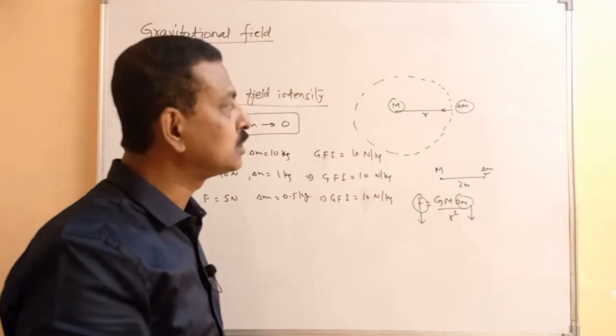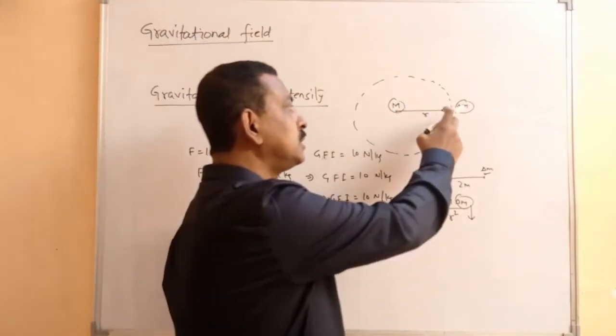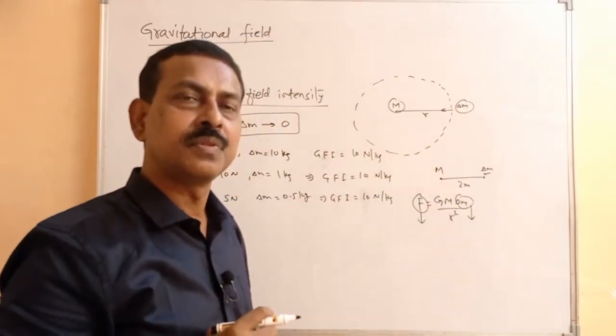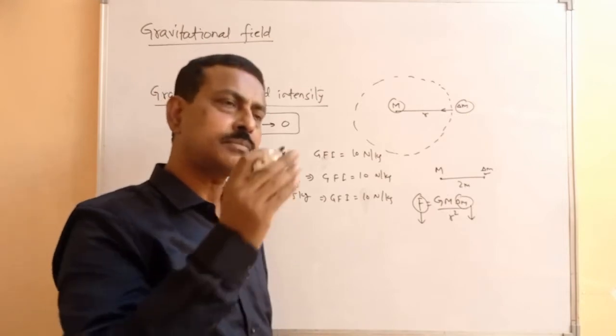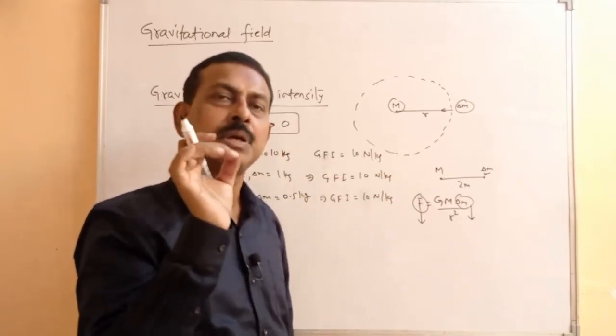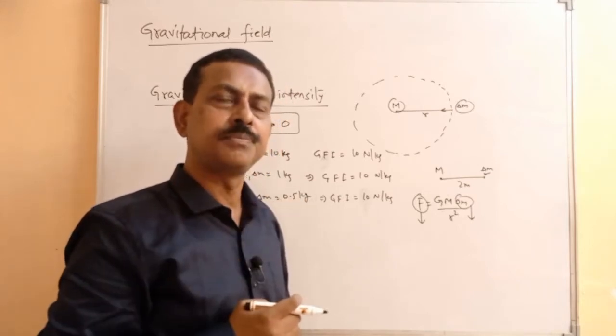So if you consider the source mass there, in respect to that, the test mass should have a very, very small value. Like suppose if I take 100 kg, with respect to that, 1 milligram mass or test mass is very small.